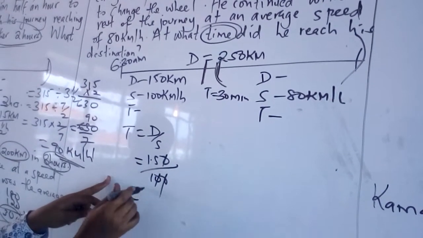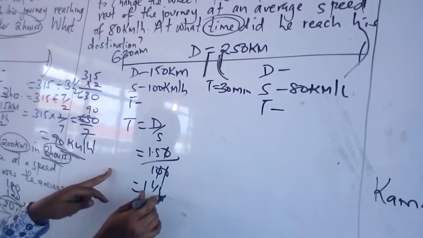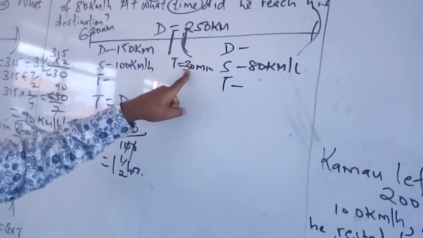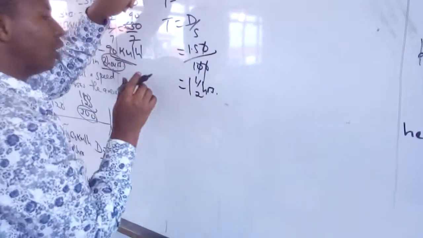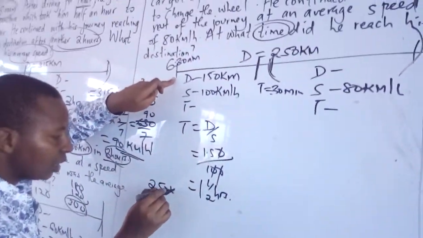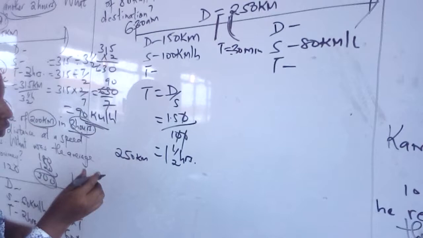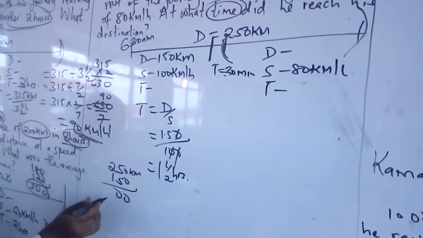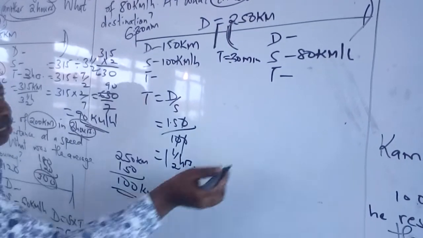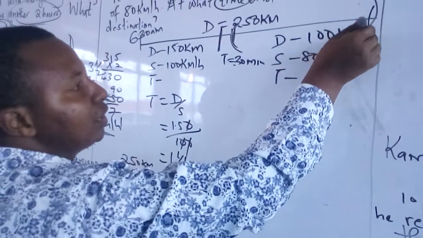If you divide by 10, this is 1.5 hours. On the other side, remember, total distance was 250 kilometers. Part of it was 150. So the remaining distance is 100 kilometers.